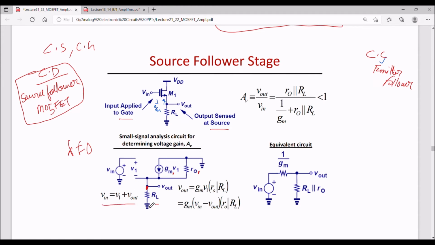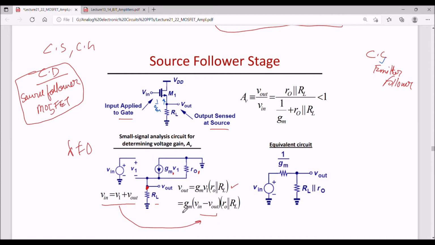And Vout can be written as gm V1 multiplied by ro1 parallel to RL. For this ro and RL, they are both in parallel. So the output voltage Vout can be written as gm V1 times ro1 parallel to RL. And V1 is Vin minus Vout from here.